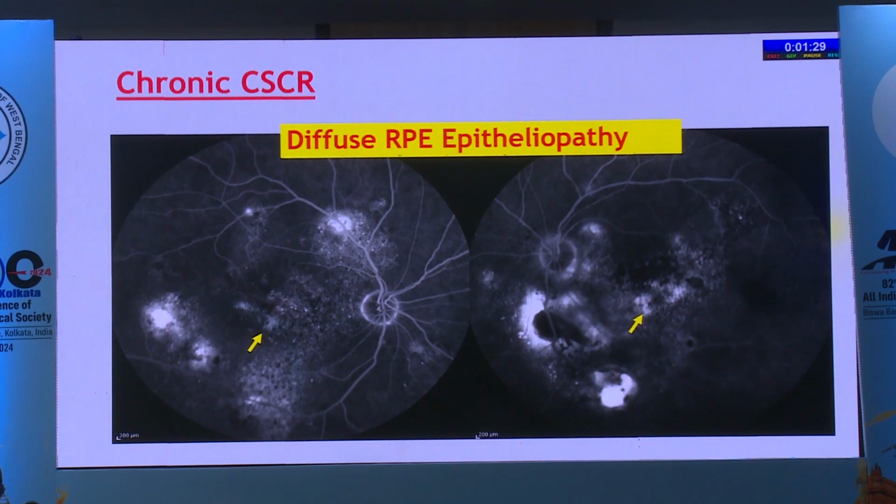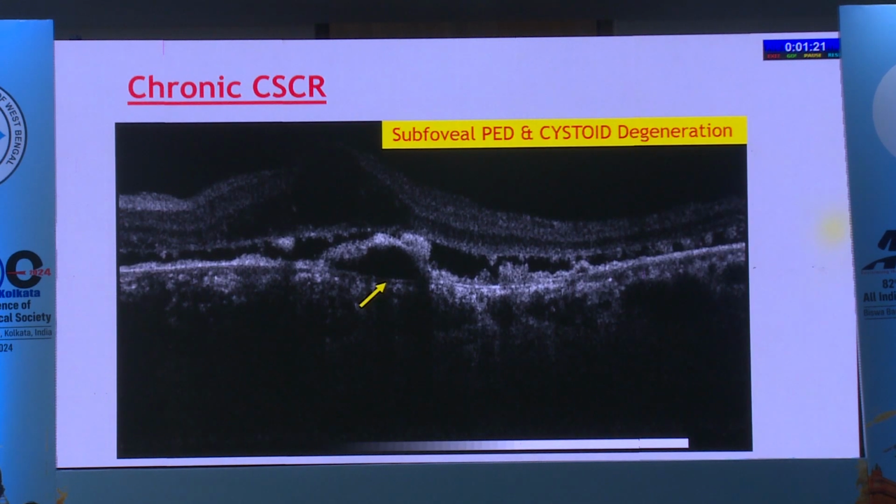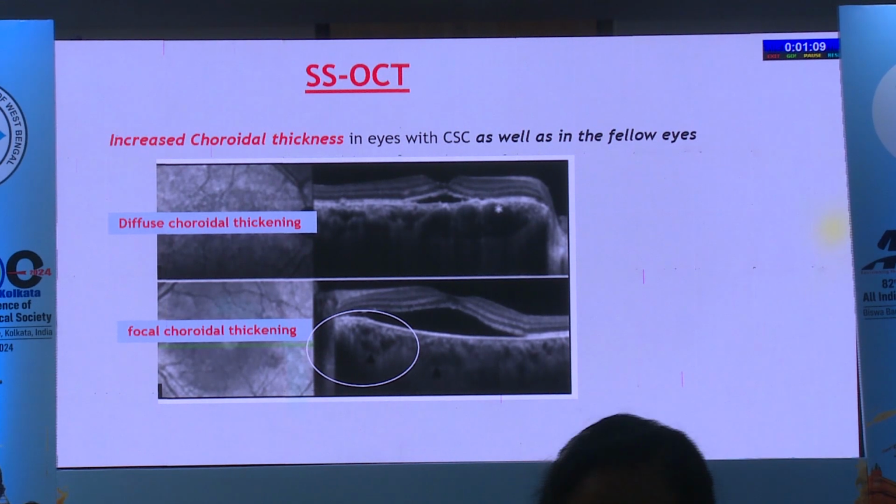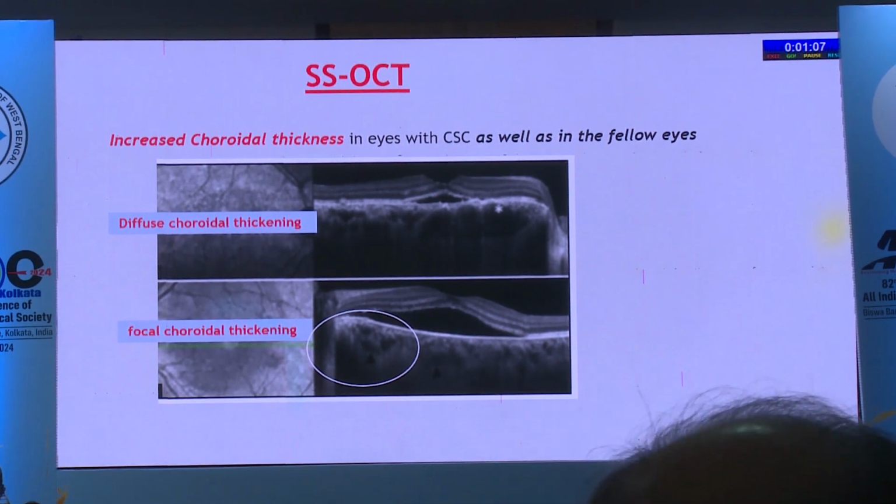And in chronic CSC we have features of diffuse RPE disease and leak, like the diffuse retinal pigment epitheliopathy, and chronic CSC on OCT shows intraretinal cystoid spaces, outer retinal photoreceptor elongation, double layer sign and PED.